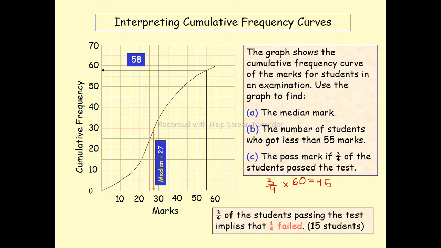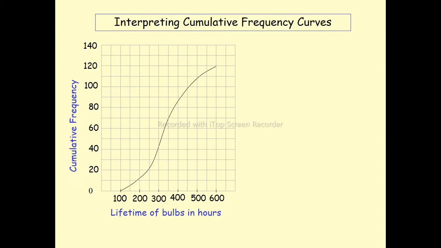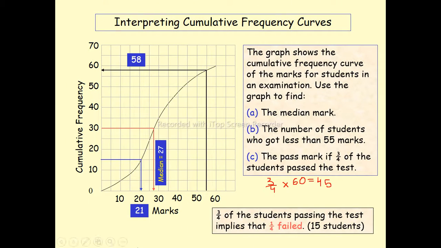So 3/4 of the students passing the test implies that 1/4 failed. So are you taking 1/4 from 3/4? I'm trying to figure out why they say 21. The pass mark if 3/4 of the students fail.